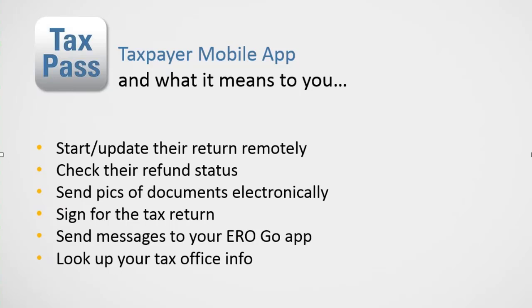For example, when it comes to starting and updating a tax return remotely, that's cool for the taxpayer, but what that essentially means for you is less data entry that you have to do when it comes to preparing the return. Instead of having to enter all this data yourself inside the CrossLink program, now the taxpayer is essentially doing your work for you. So that's less time, less effort preparing a return.